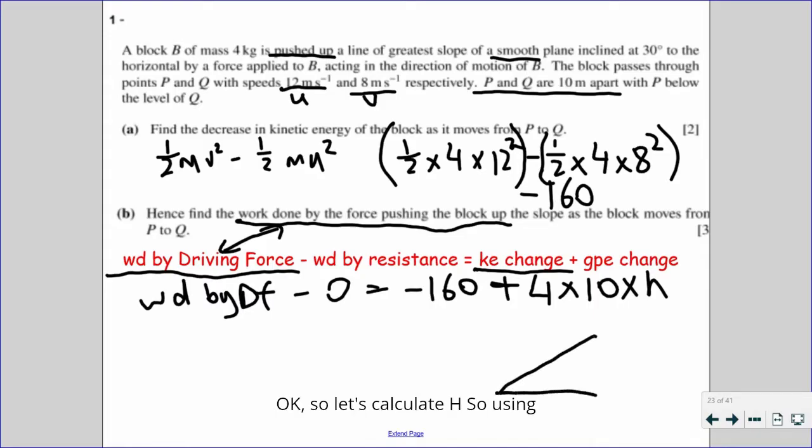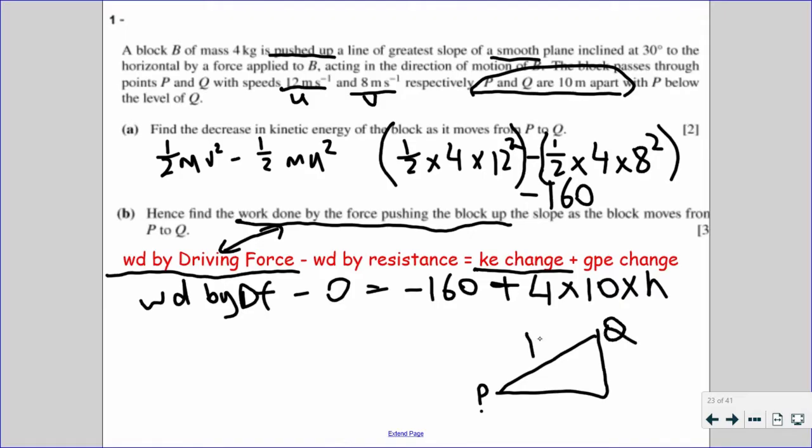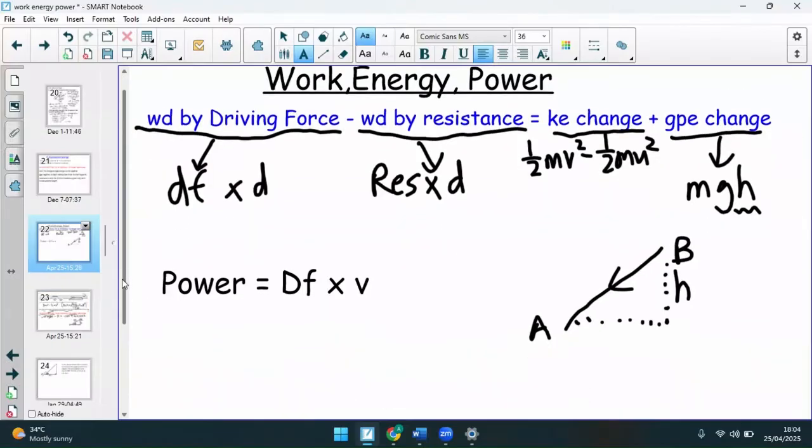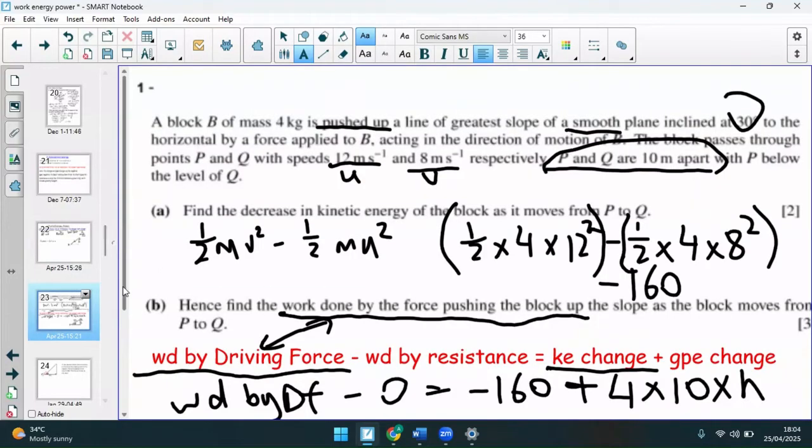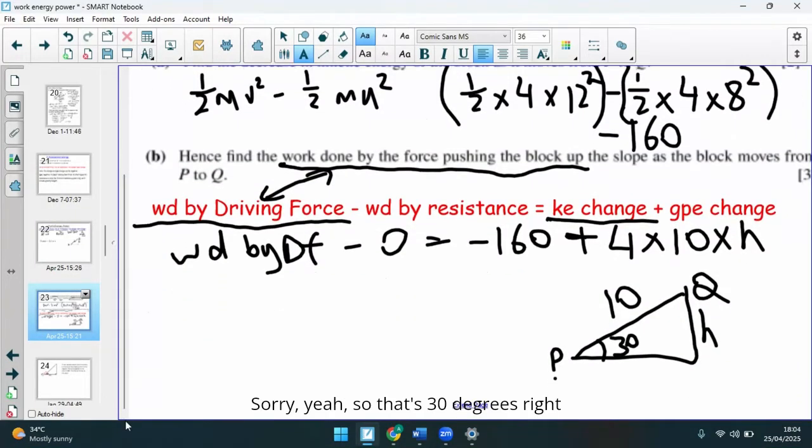Using the information we have, P and Q are 10 meters apart, and it's 30 degrees.